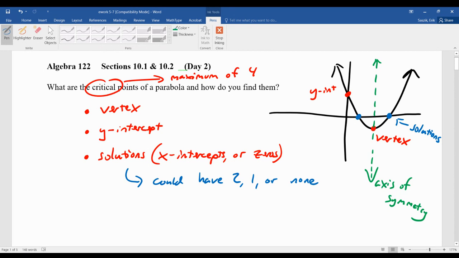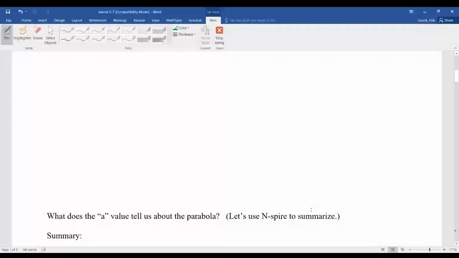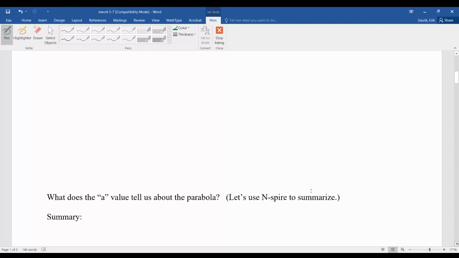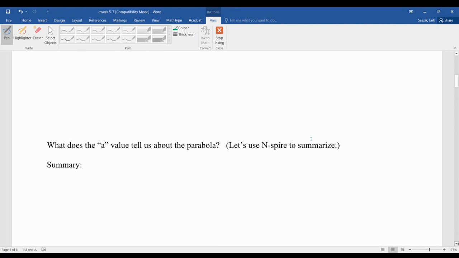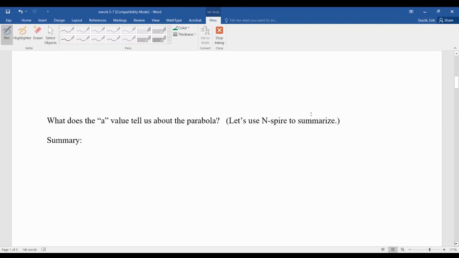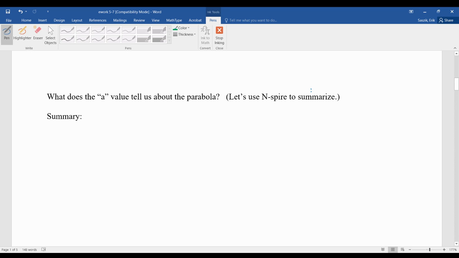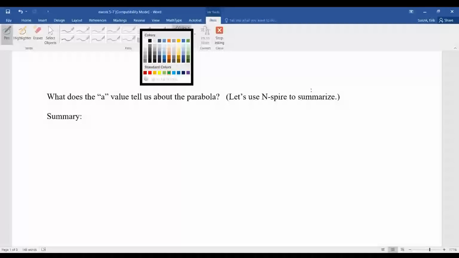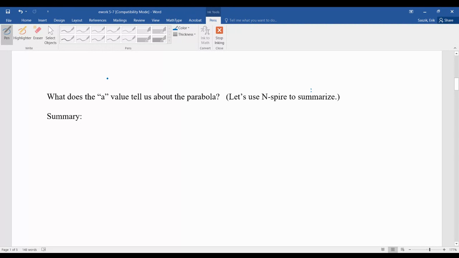All right. Now, down here, we're going to talk, it says, what does the A value tell us about a parabola? So in a quadratic equation, this is standard form, ax squared plus bx plus c.